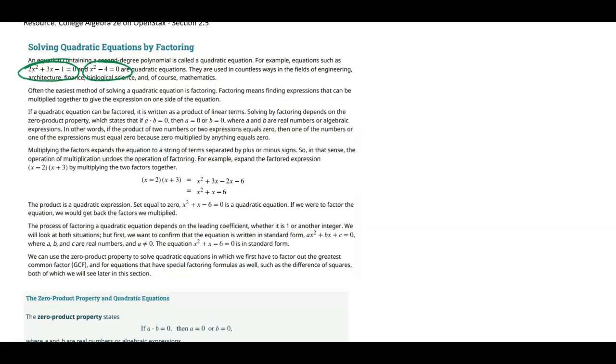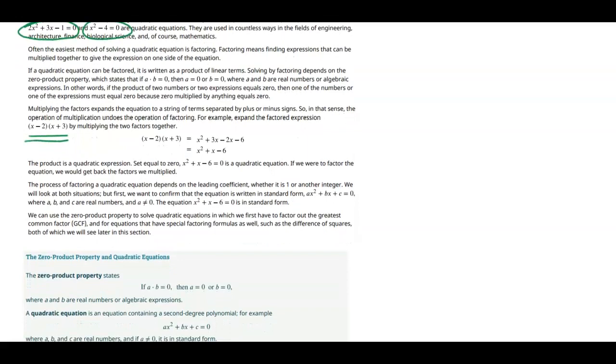A quadratic equation can be factored. In that case, it's written as a product of linear terms. Because of our zero property, if you multiply two numbers together and get 0, then either one of them must be 0.